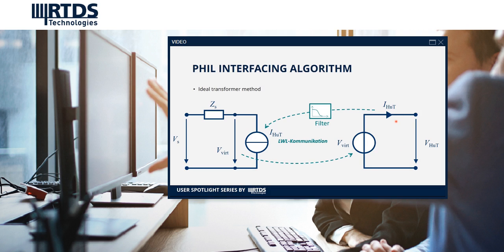Equally, the current which flows into or from the 4-quadrant amplifier is measured, filtered and sent back to the virtual part, to the real-time model, where it is used as a set point for the controlled current source, which I showed before, which is also attached to this bus, where the power hardware in the loop is connected.